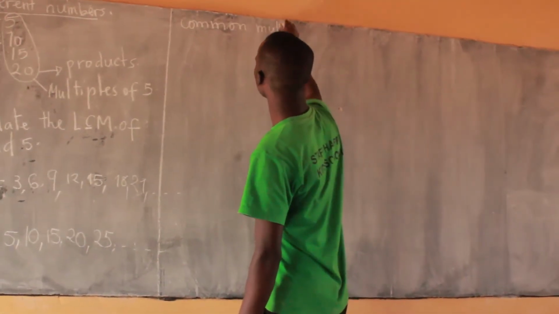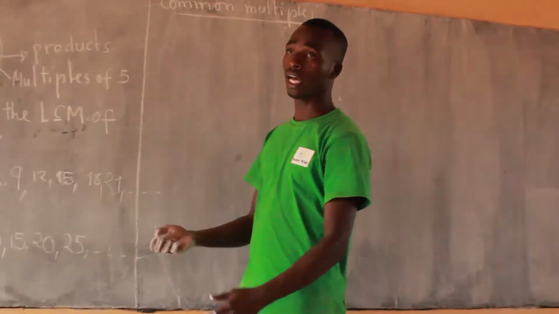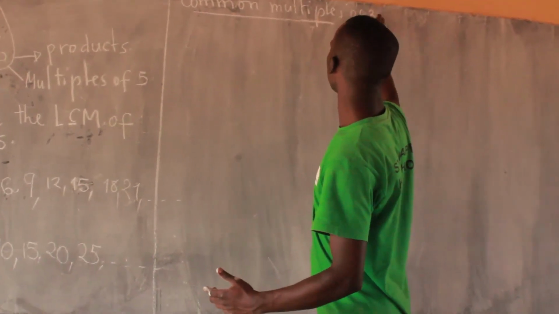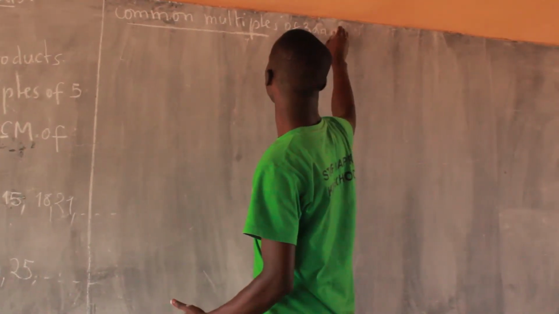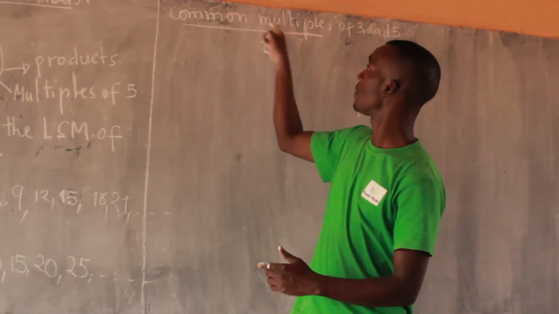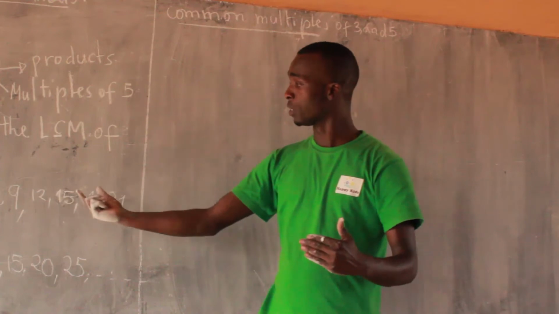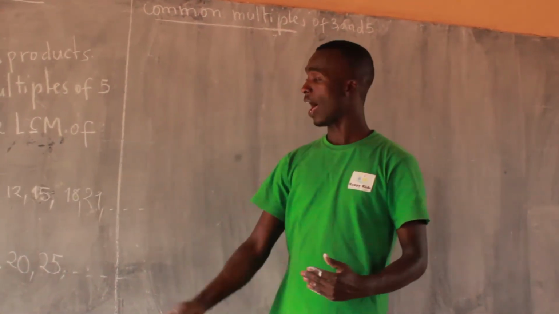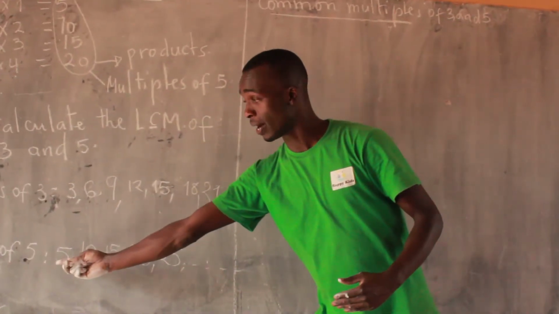Common multiples are the multiples which are there in the set of multiples of 3 and which are also there in the multiples of 5.